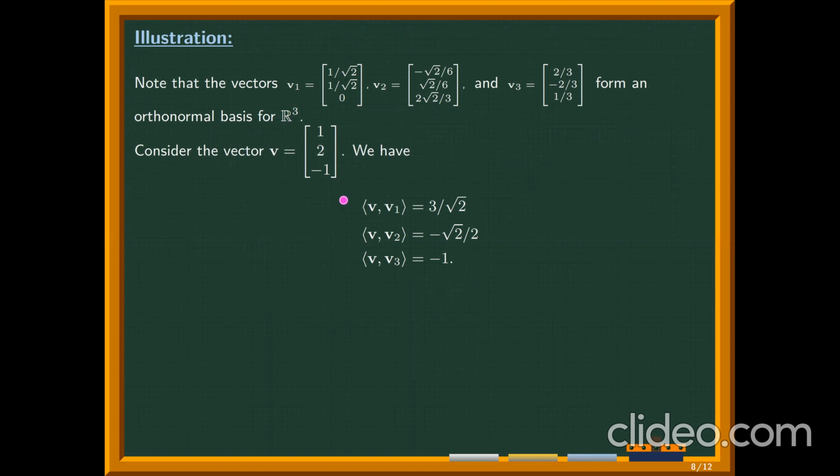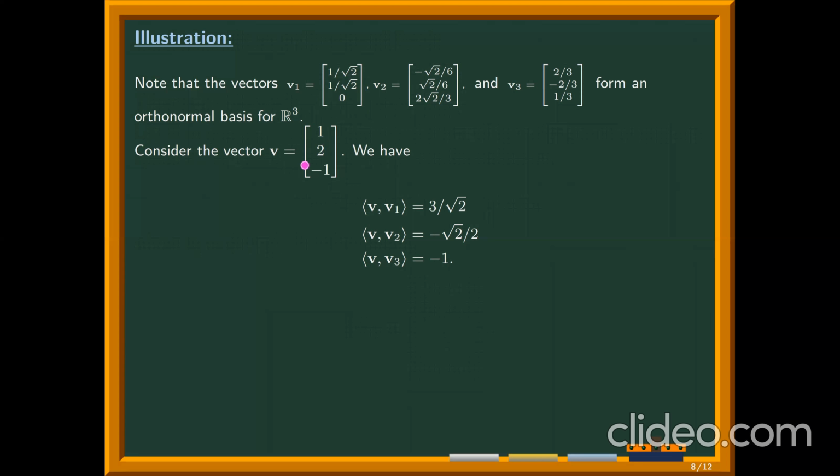the inner product of v with v1 with respect to the standard inner product is 1 over square root of 2 plus 2 over square root of 2 plus 0. That's 3 over square root of 2.